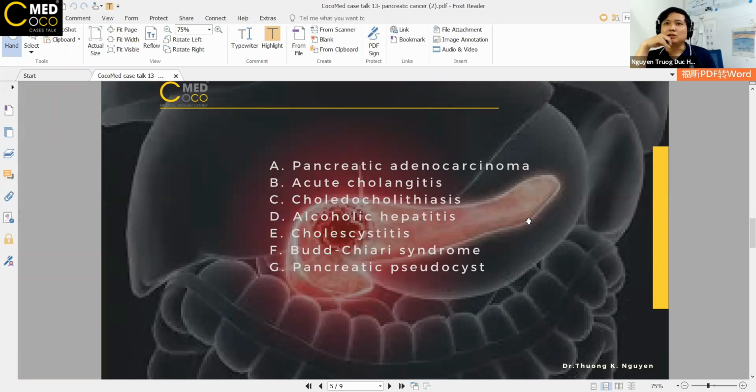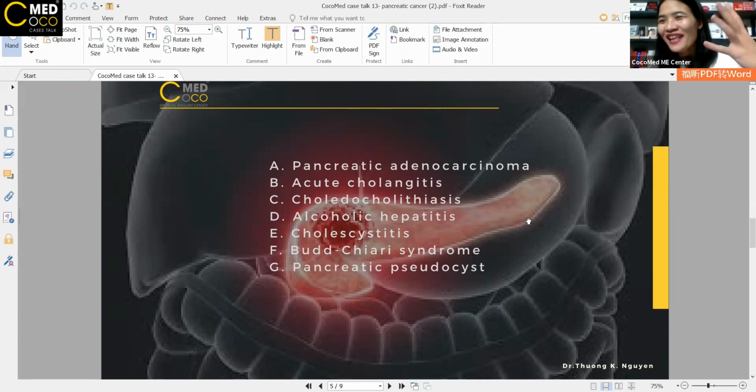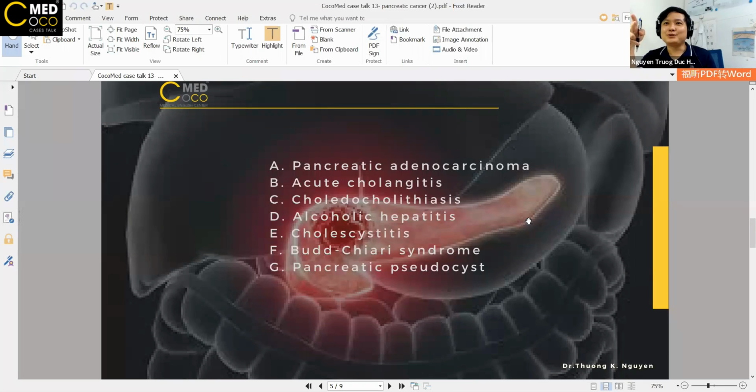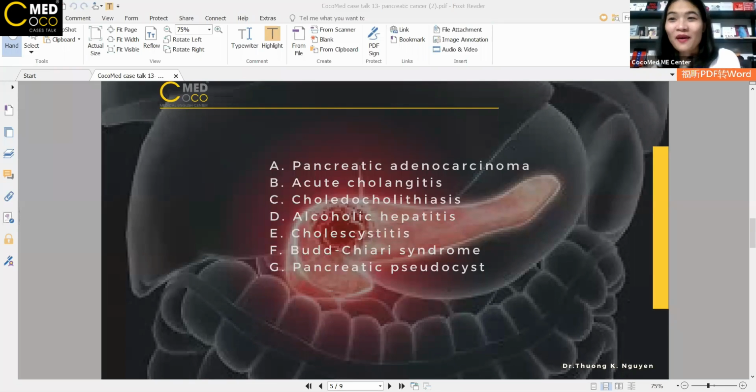So what is the most likely in your mind now? Just say that, don't worry. We have two options: A, pancreatic adenocarcinoma, and G, pancreatic pseudocyst. How about the other idea? You have 50%?